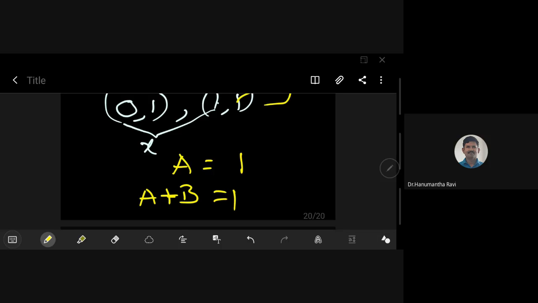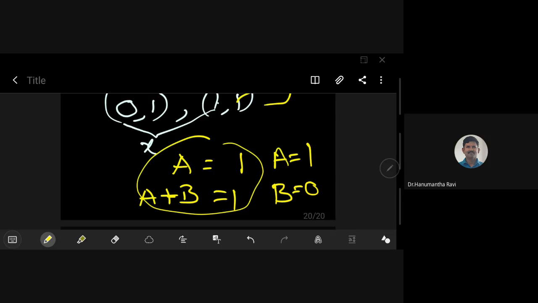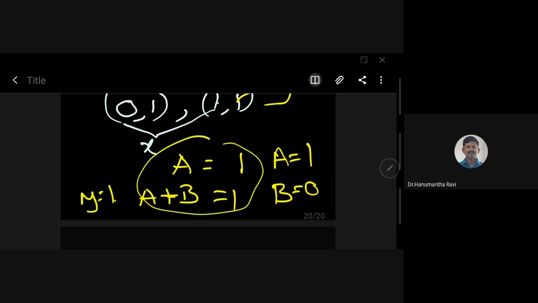That is the answer. So y is a constant, only a constant. Y is 1 is the answer here.